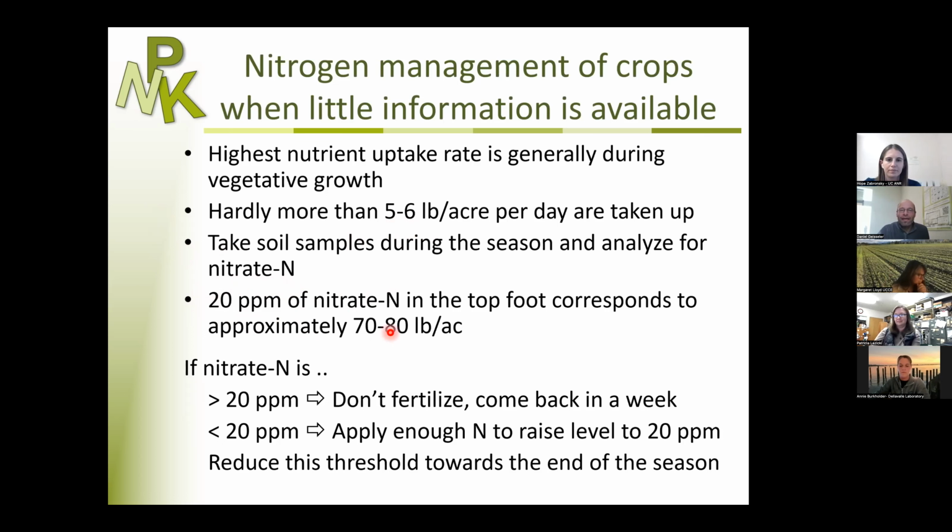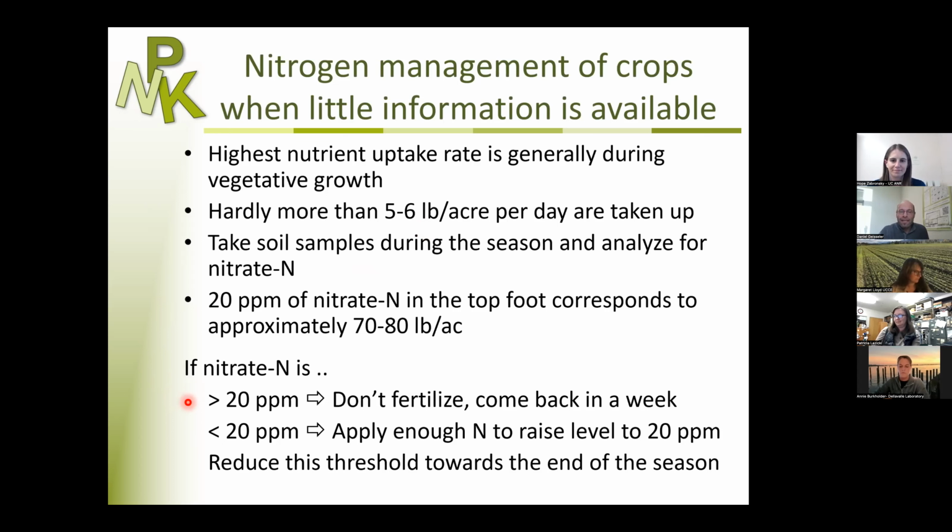Now, when you compare that to 5 to 6 pounds of maximum uptake per day, you can see if you have 20 ppm of nitrate N in the soil, in the root zone, that will last at least 10, probably 14 days. So if you take a soil test and it comes back at 20 ppm or higher, you don't have to fertilize yet, but come back in a week and take another sample to see whether it has changed.